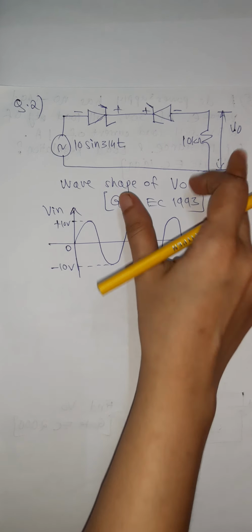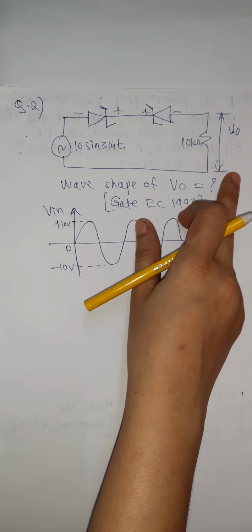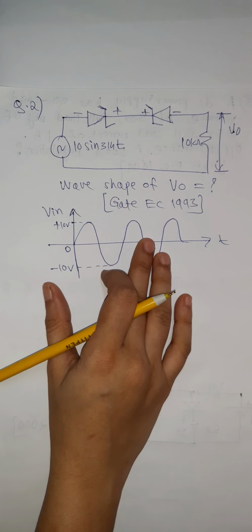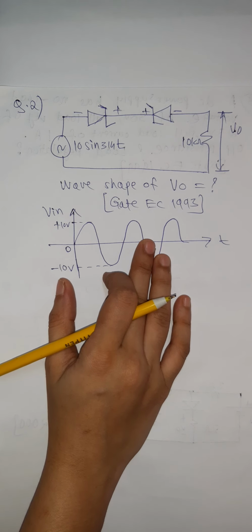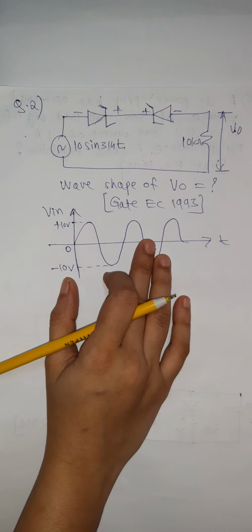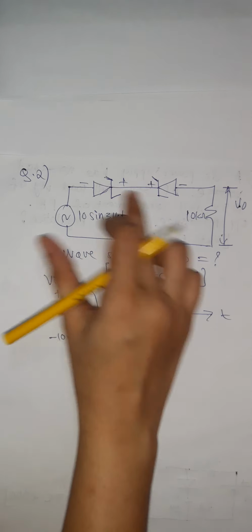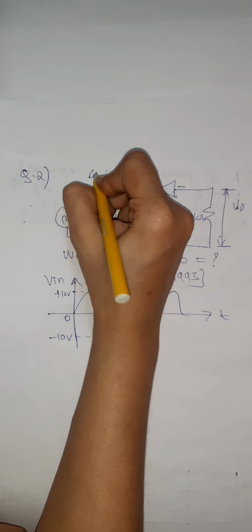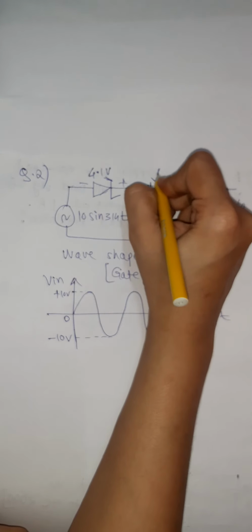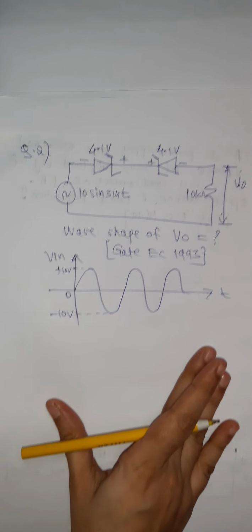And to find the output, first of all we will analyze what the exact value of the voltage across the diode is. Here the voltage across both diodes is given in the figure, which I have forgotten, 4.1 volt and 4.1 volt each.